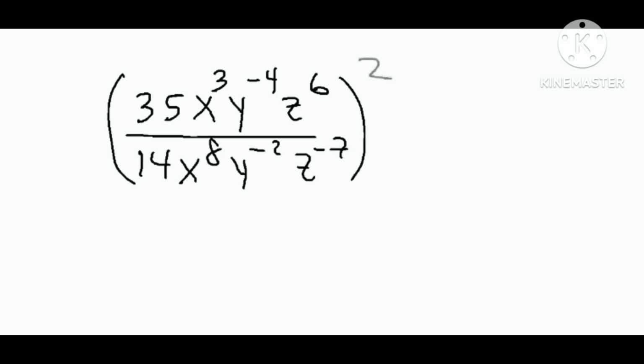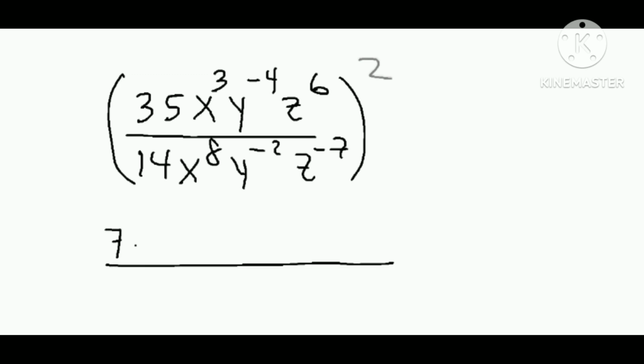So how would you simplify this expression? We can either divide 35 and 14 and everything else, or we can raise everything to the second power. Now, it's better if we simplify before you raise it to the second power, because 35 squared is a big number. So let's focus on the inside part first.